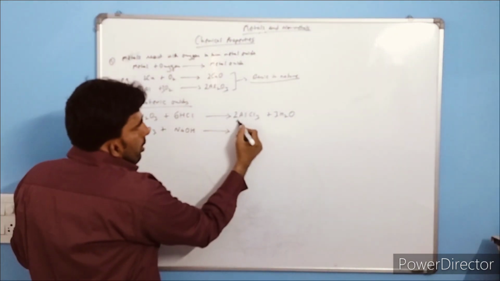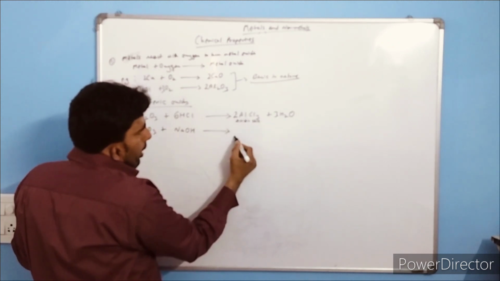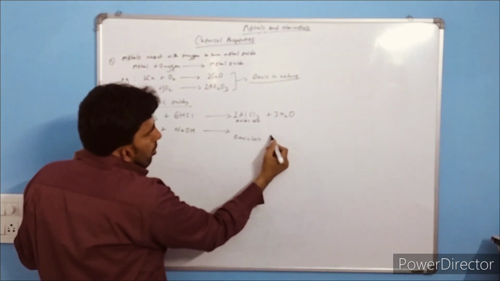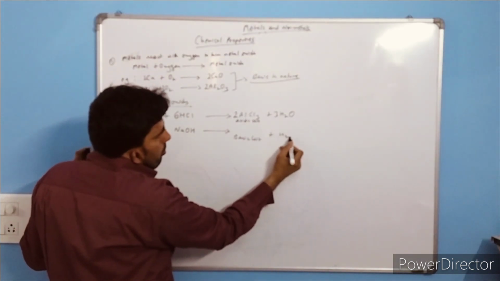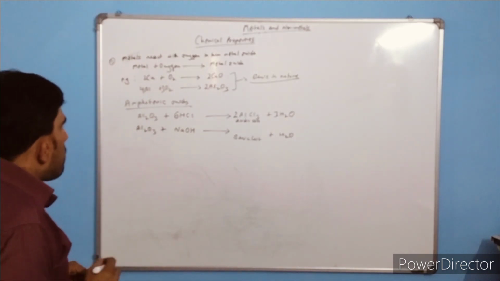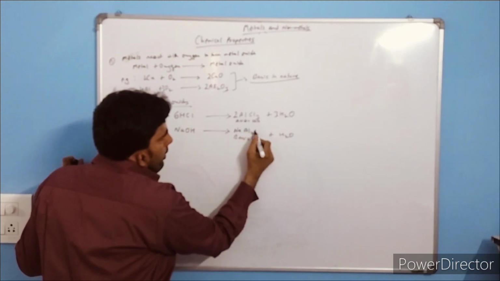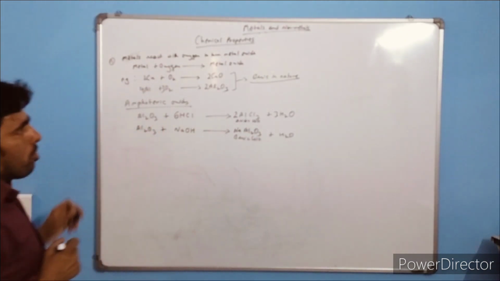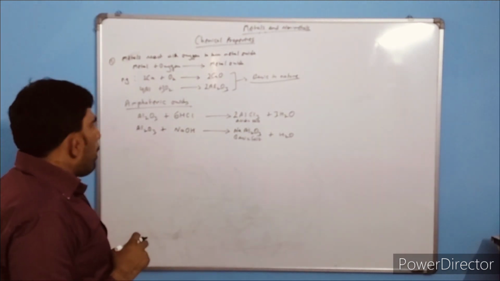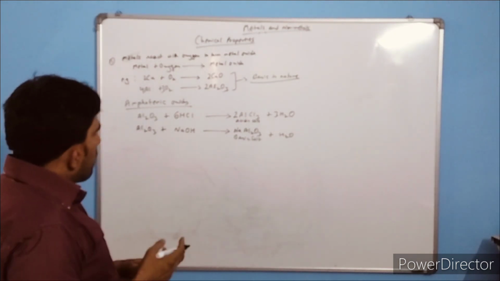This was the acidic salt, but here I will get a basic salt plus water. The basic salt is sodium aluminate. I think it's already balanced.